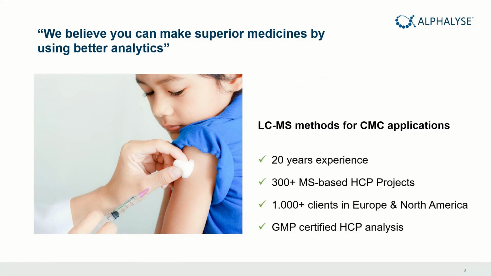We have more than 20 years of experience from helping a lot of different clients. We have run more than 300 HCP projects using our LCMS analysis. We have had more than 1,000 clients spread over Europe and North America. And now we have the GMP certified HCP analysis.